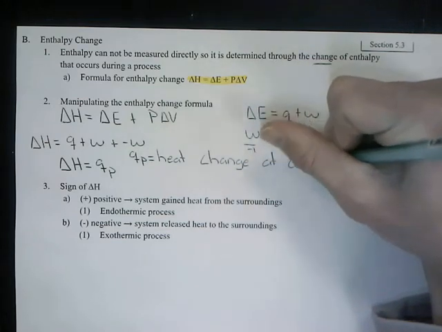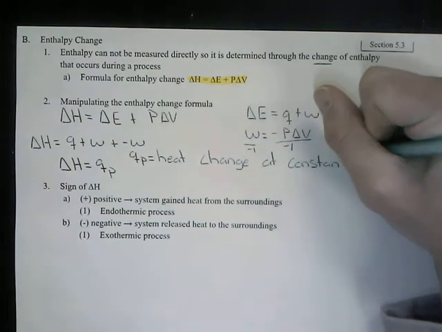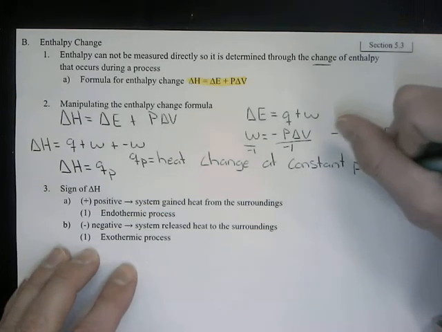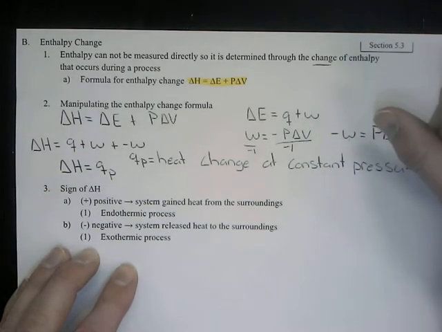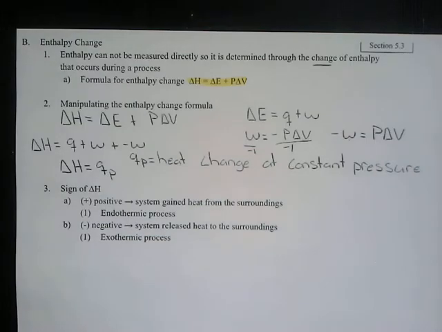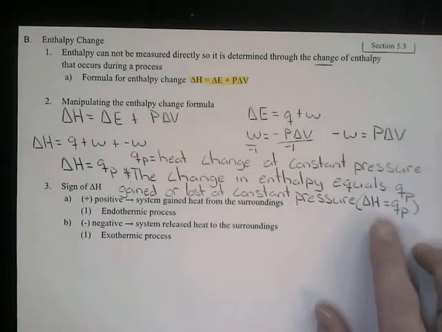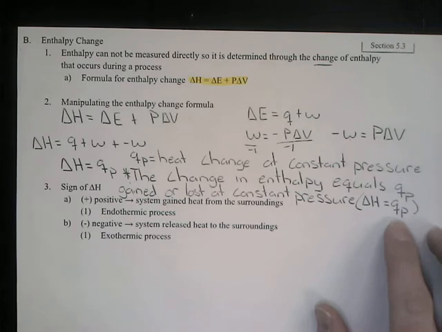And now we can say this very important statement here. The change in enthalpy equals the heat gained or lost at a constant pressure. All right, so that statement can be summed up by delta H equals Q at constant pressure.